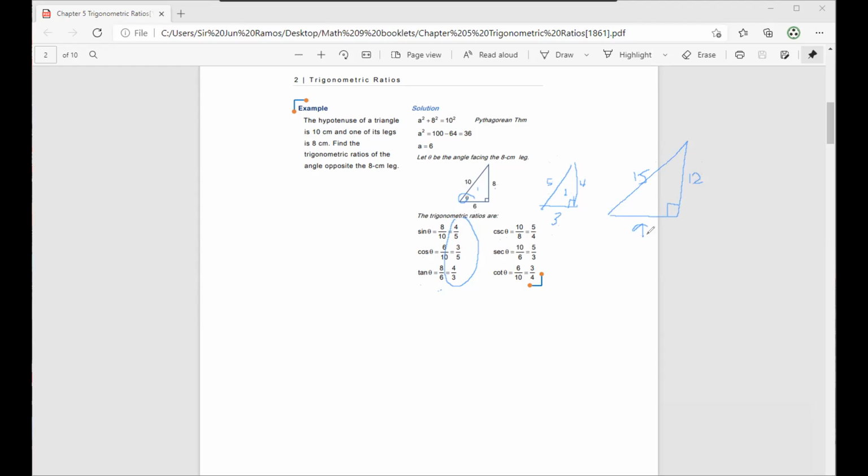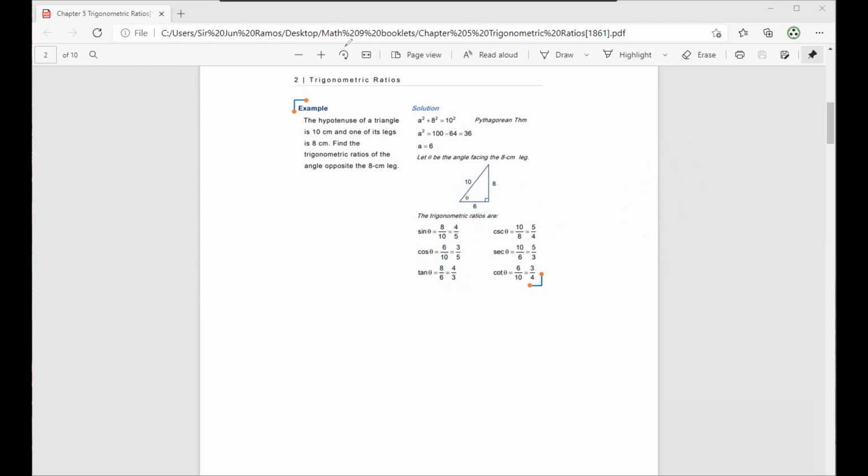And 12 over 9 will still give us 4 over 3. So that's what we mean: if you have the trigonometric ratios of one right triangle, and you have other right triangles similar to it, then you will have the same trigonometric ratios. So now you know more or less the trigonometric ratios already.